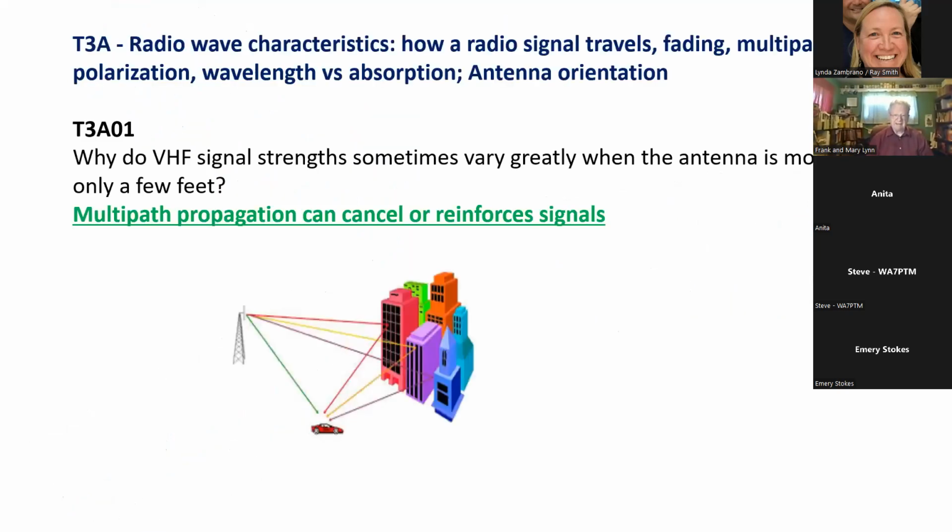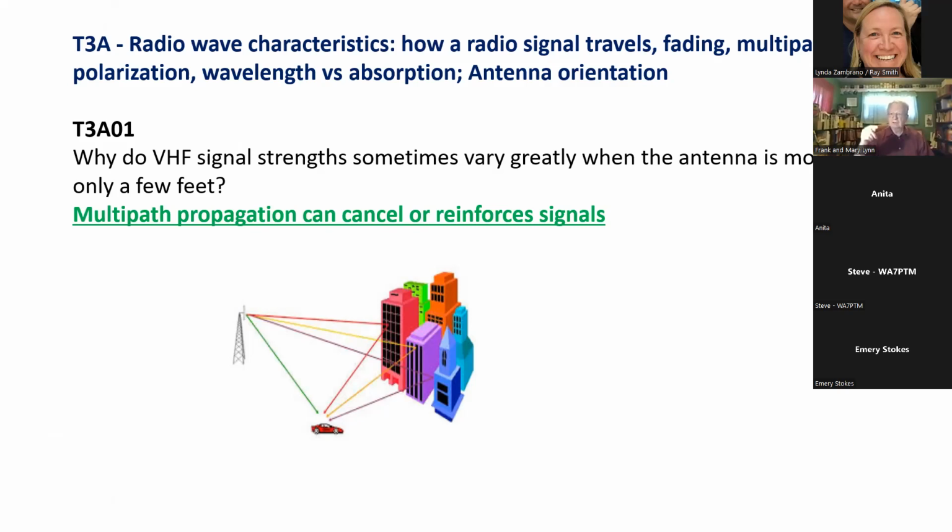Yep, I heard that. Okay, there are three sub-elements here, and there will be 3 questions on the exam that you have to answer on these things, one from each one of these sections, A, B, and C. The first one is all about radio wave characteristics, how radio signal travels, fading, multipath. Gosh, all this stuff, what are you talking about?